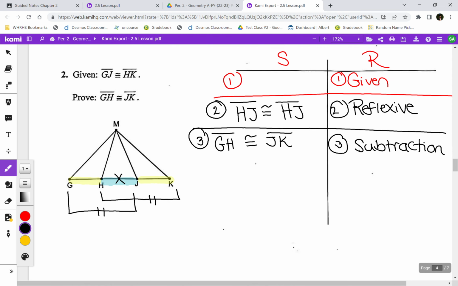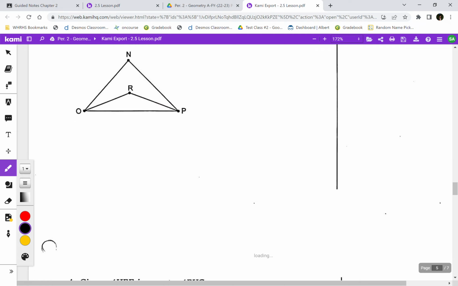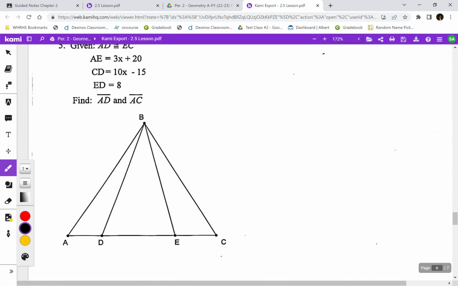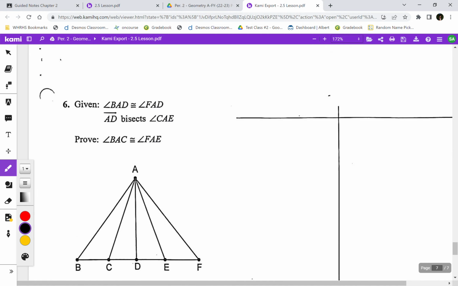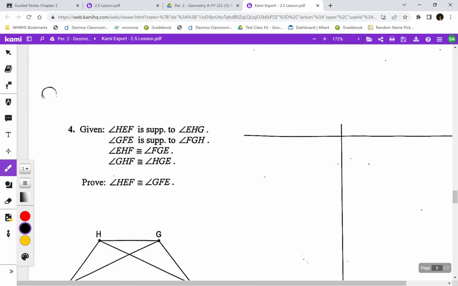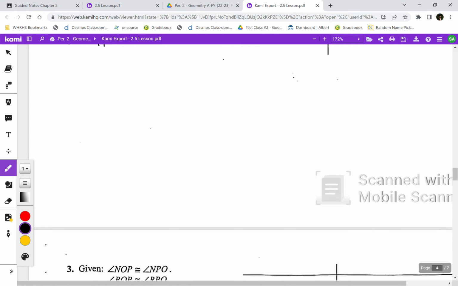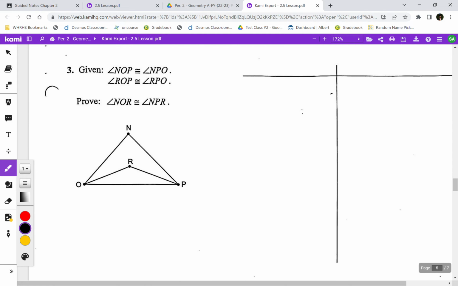All right, let's keep going. All right, let's look at angles.